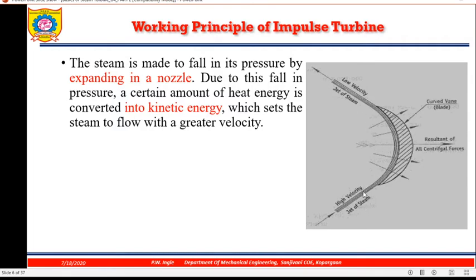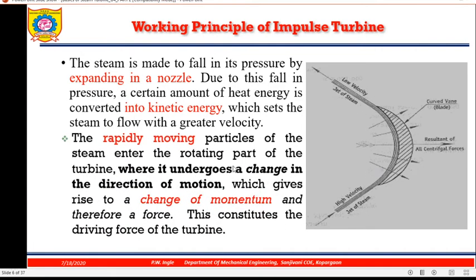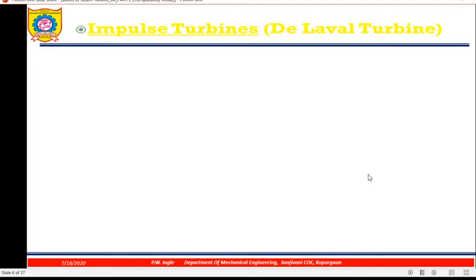Because of change in momentum, the rapidly moving particles of the steam enter the rotating part of the turbine, where they undergo a change in direction of motion, which gives rise to change of momentum. Momentum is mass into velocity, and because of change of momentum we get force. This force is centrifugal force, and the resultant of centrifugal force is responsible for the rotation of the rotor.